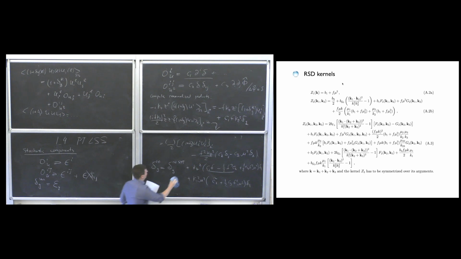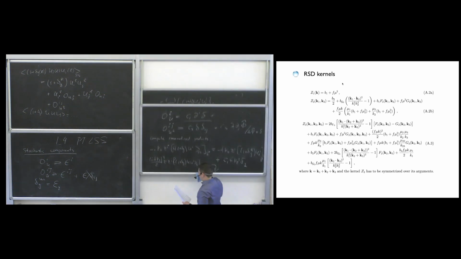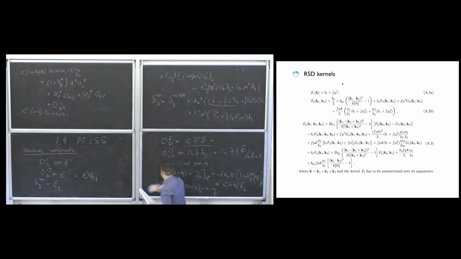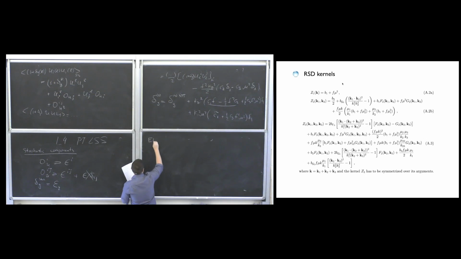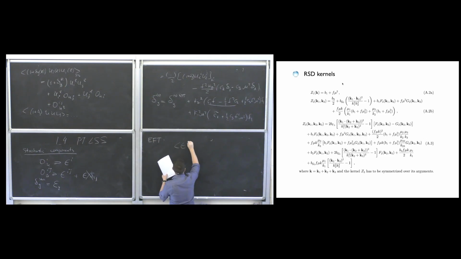And again, if we want to write down their correlators, the only guide we can use will be symmetries and dimensional analysis. So in the EFT, we know that at lowest order, this stochastic vector field will correlate with itself with the Kronecker delta times some constant, I'm going to call B1.